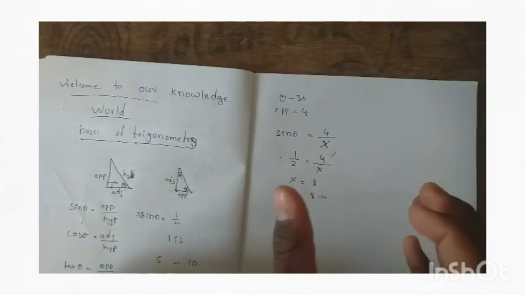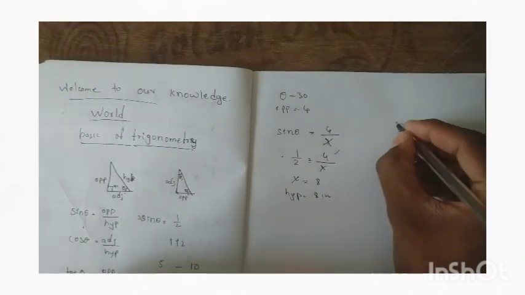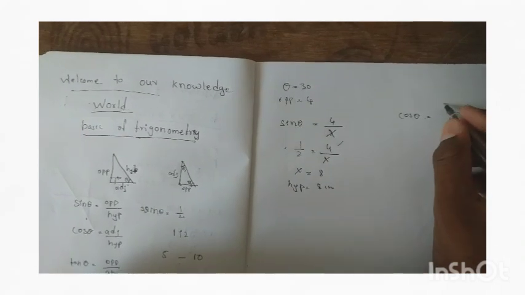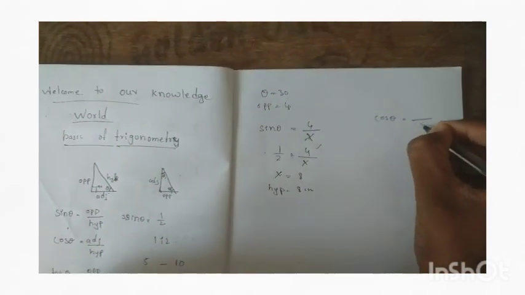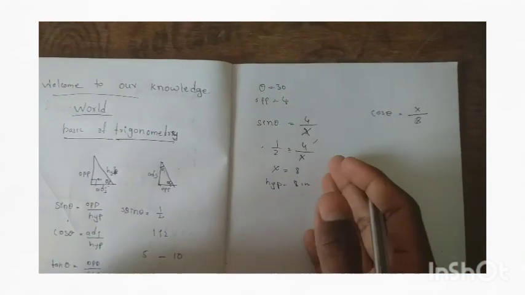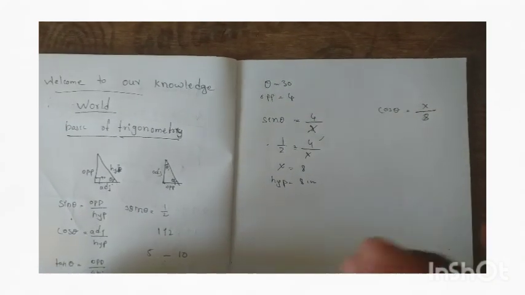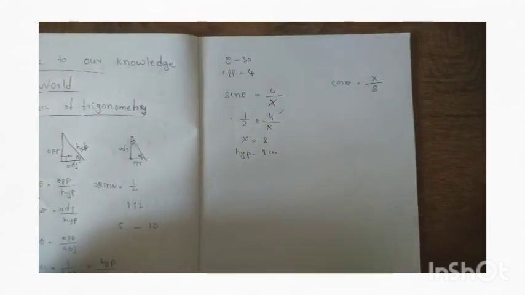If I want the adjacent side, adjacent is there in cos theta, so I will take cos theta. Cos theta means adjacent by hypotenuse. We got the hypotenuse length 8, and the adjacent length is x. Cos 30 is equal to root 3 by 2, right?